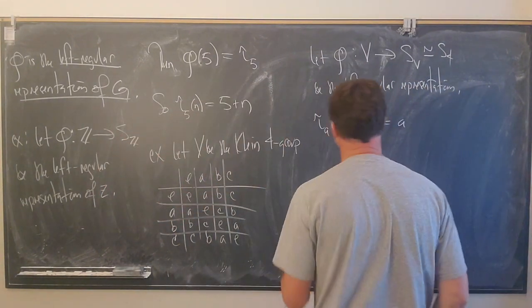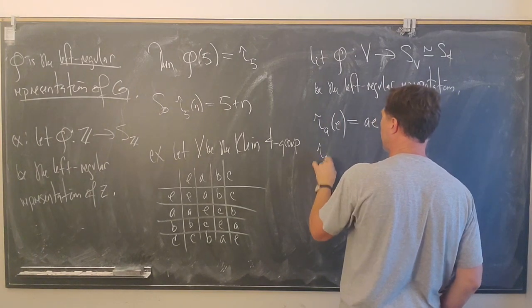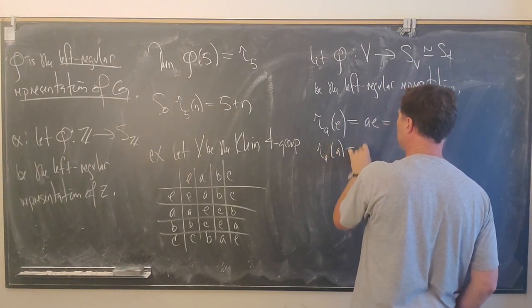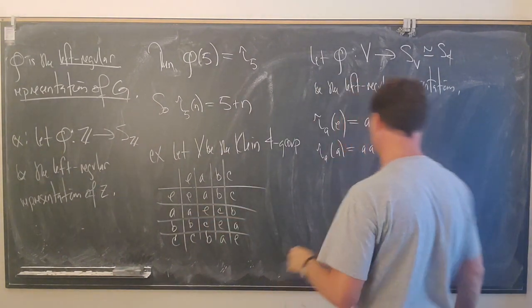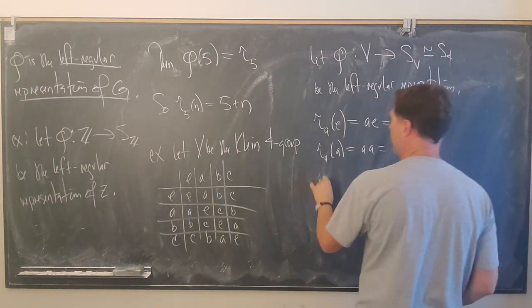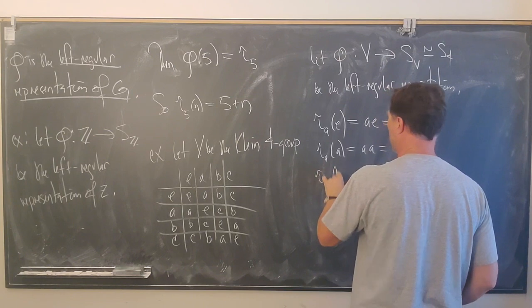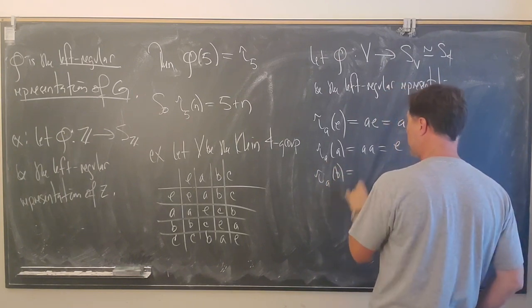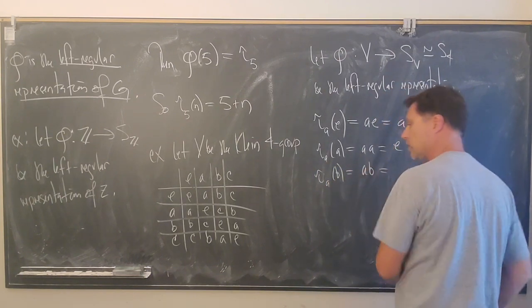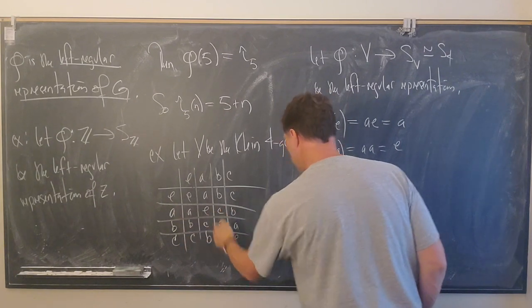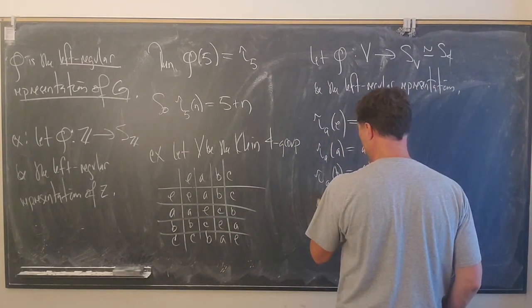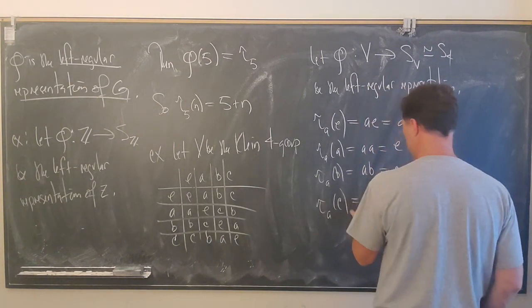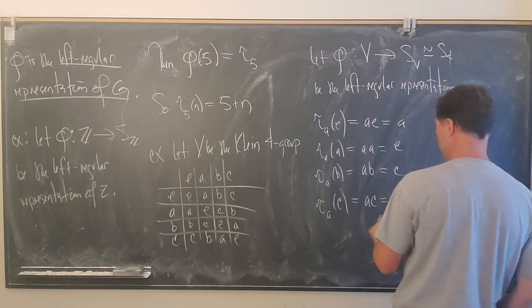Tau sub A of A equals A times A, and then if we look at the table, A times A equals E. Tau sub A of B, that's A times B, which is C. And then tau sub A of C, that's A times C, which has to be B.